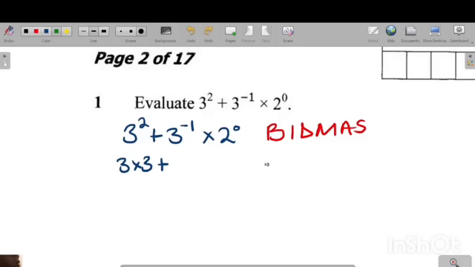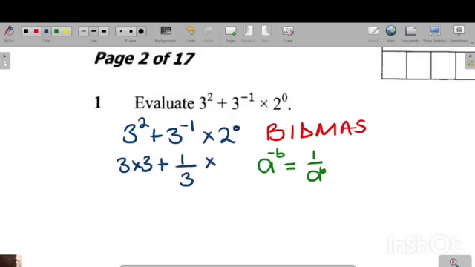By the laws of indices, if you have a base a, which is any number, that has been raised to the power negative b, it means this is equal to 1 over a to the power b. In our case, our base is 3, so this can be written as 1 over 3 to the power 1, which is just 3.